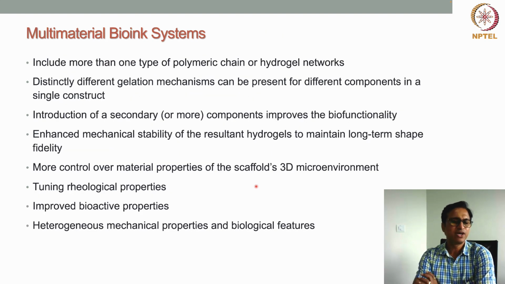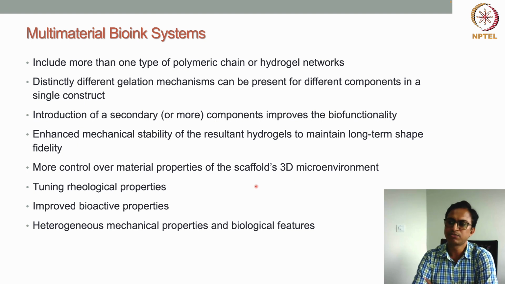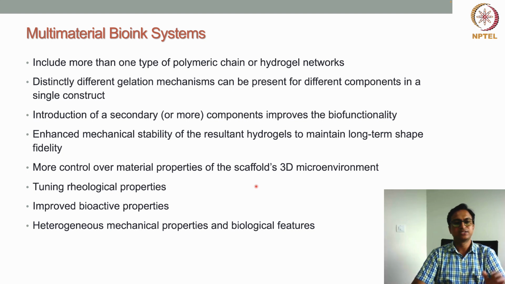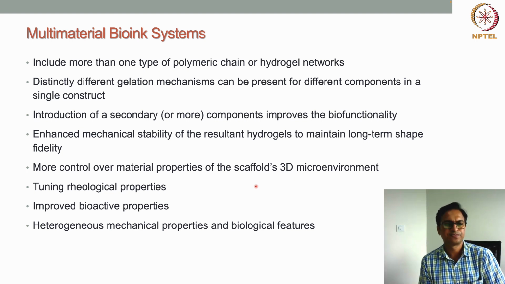So multimaterial bioink systems are developed, made up of more than one polymer or hydrogel network. Many a times 2, 3 or 4 different types of polymers or hydrogel networks are either mixed together or printed simultaneously in a single construct, so that we can address the limitations we have seen in the earlier slide.